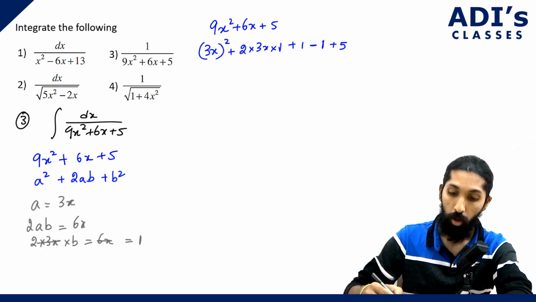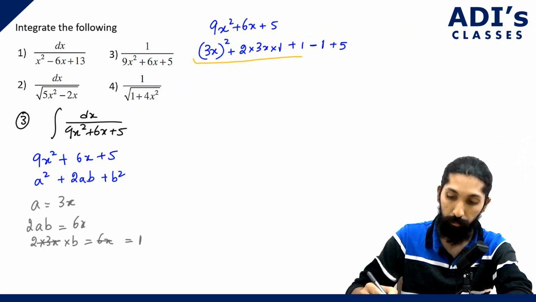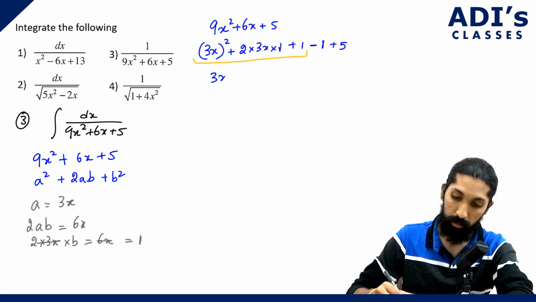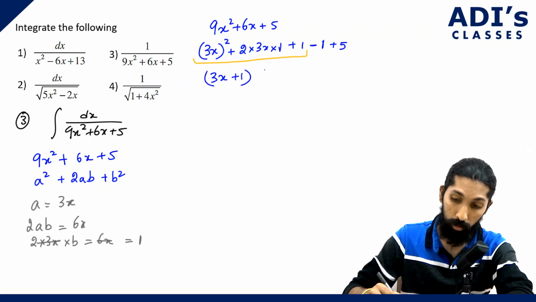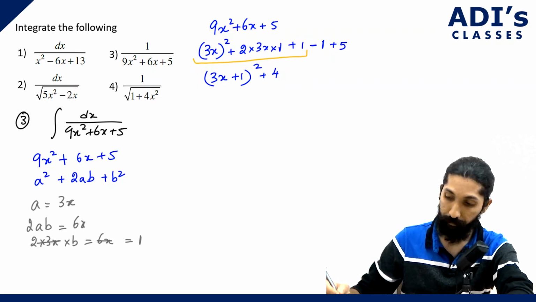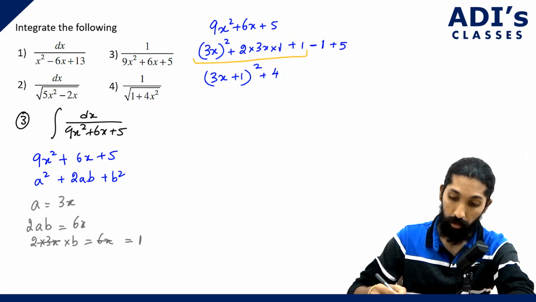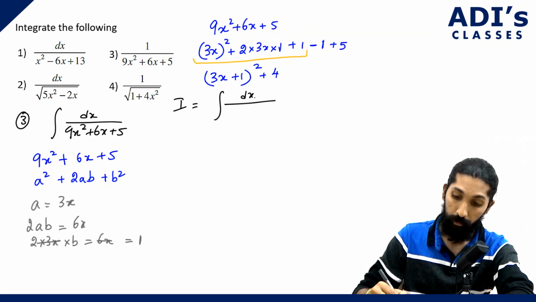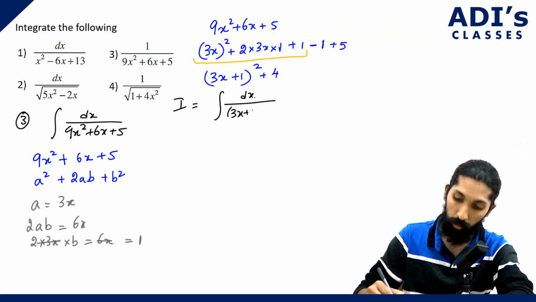Okay, now what do you do? You group this much. If you group them, 3x plus 1 whole square plus 4, right? So now you're going to take I is equal to integral of dx over (3x plus 1) whole square plus 2 square.